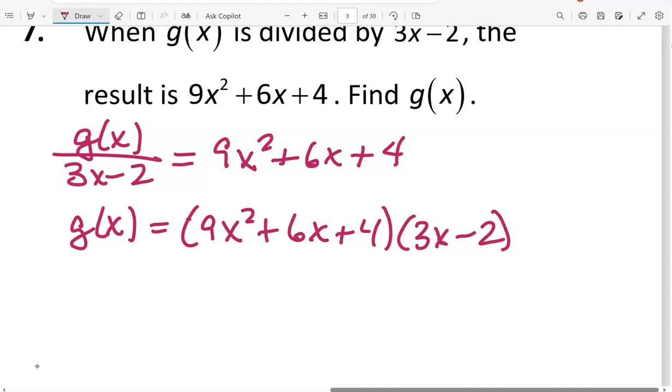Now we need to perform that multiplication, and we can use a sort of a FOIL method.